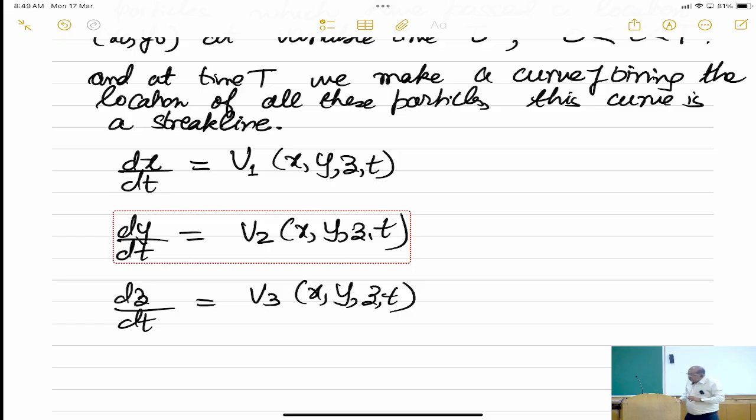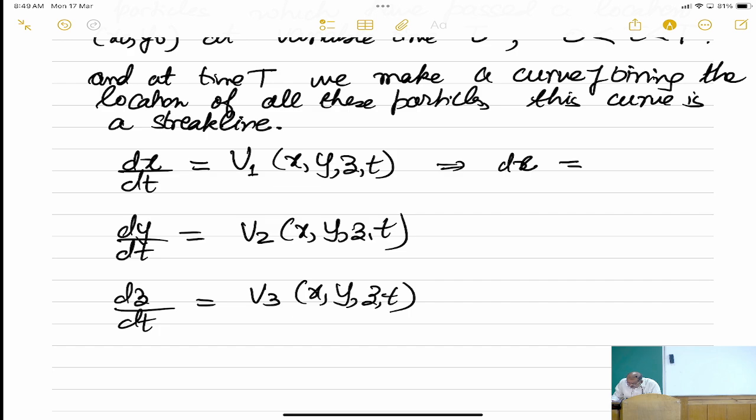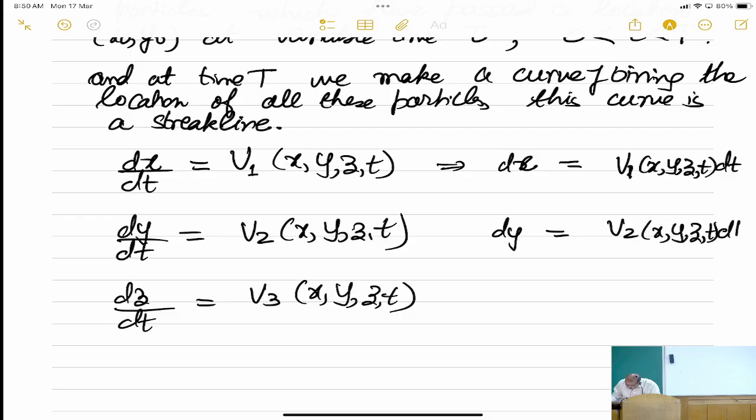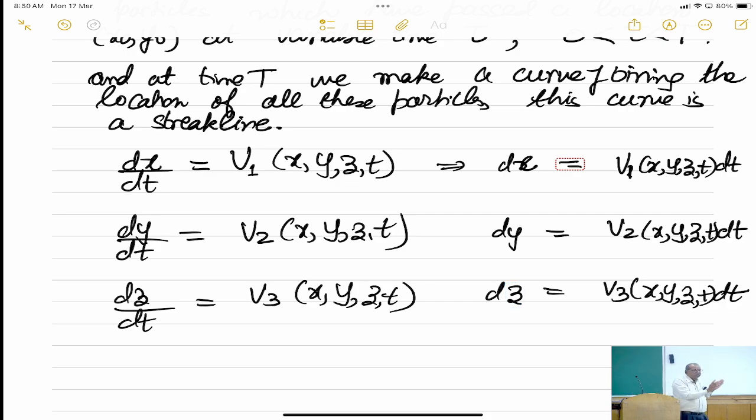But now, when you integrate this, so far this is the same as the path line.